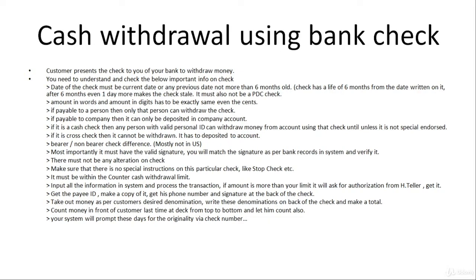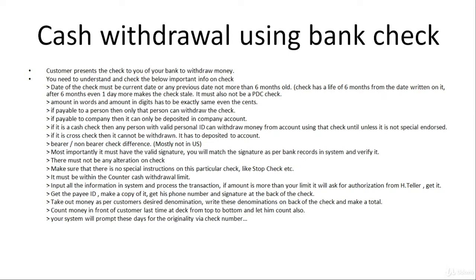So if you received a check with a date that is 5 months old, from that date you start counting, and it is 180 days, exactly 6 months. If it is the last day of the 6th month, then you can process the check, withdraw the money and pay the money to the customer.